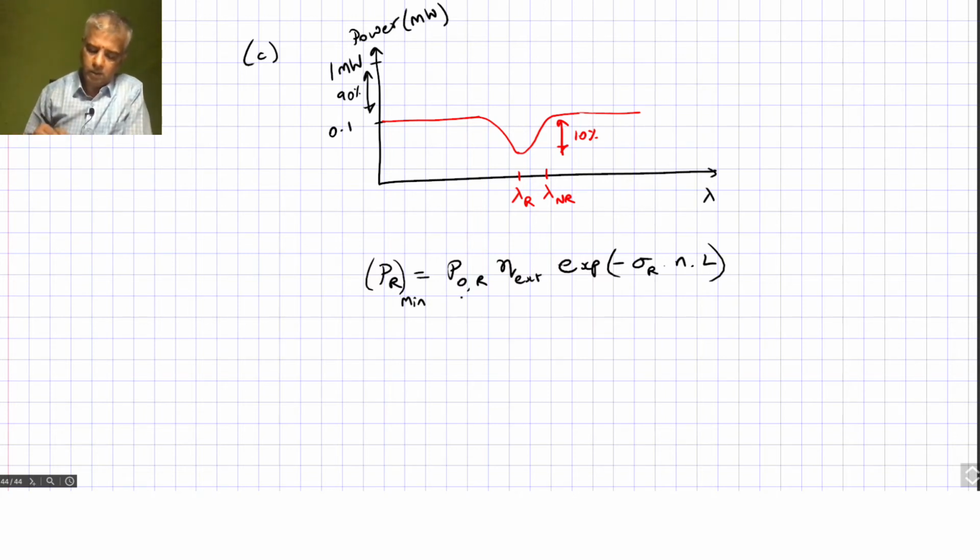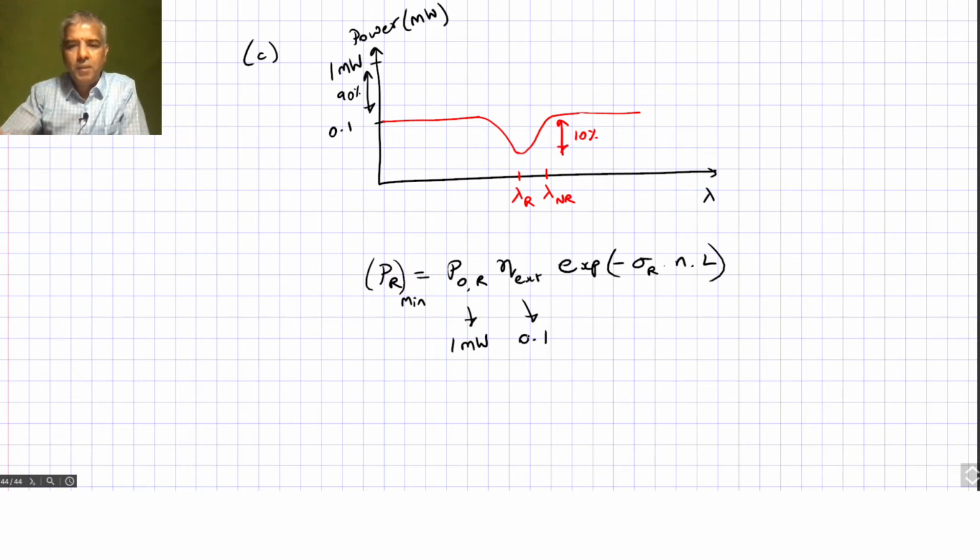So let us now see if we have all these values to figure this out. Now we know this is 1 milliwatt, that's what you are starting with, and eta external is the fraction of power that's available for absorption. So 90% is lost, so the fraction of power that's available for absorption is 0.1. Some people find this a little tricky to understand.